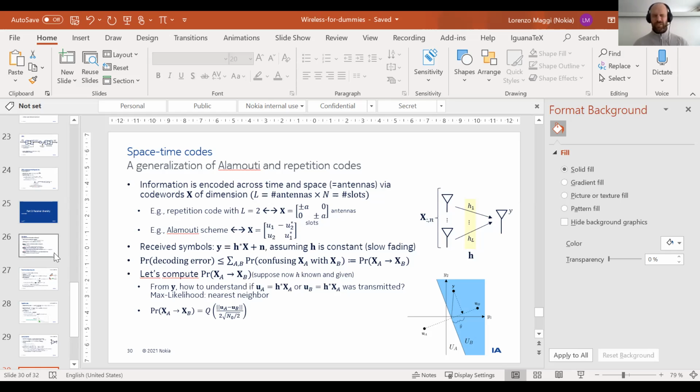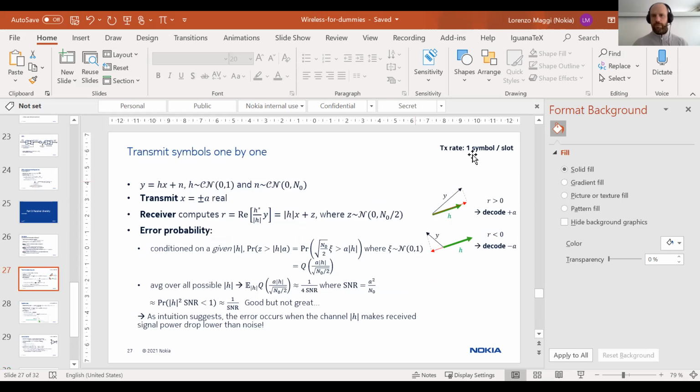We talked about the transmission rate, how many symbols we are transmitting over time. Here I'm transmitting 1 symbol per slot, there 2 symbols per slot. Shannon's rate is actually in bits per second, because the symbol comes after the encoding of bits.